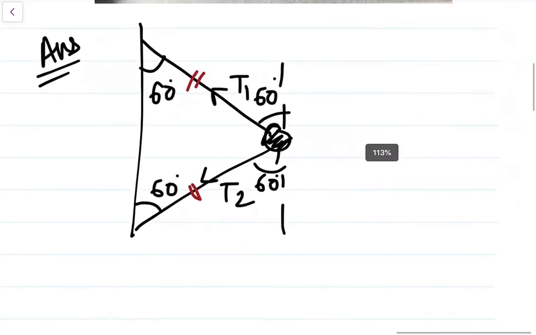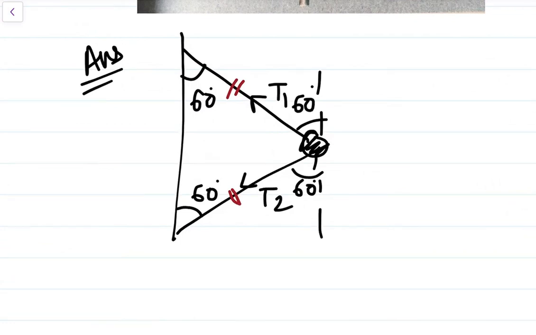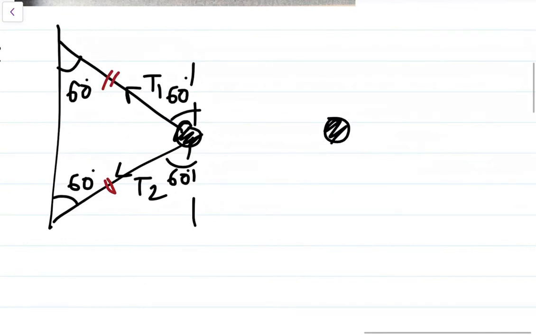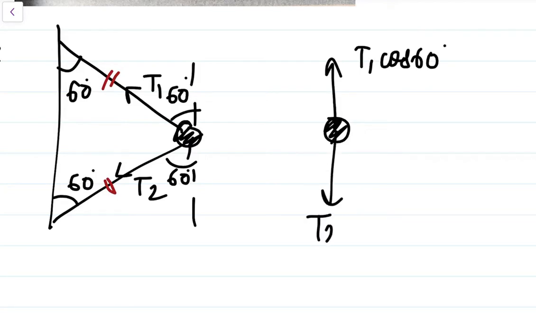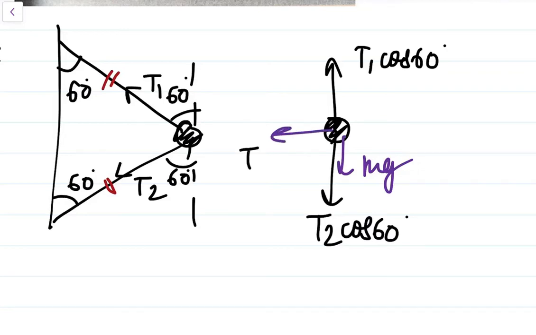Alright, now by drawing the FBD, free body diagram, what can we write? In this direction will be acting T1 cos 60, in this direction T2 cos 60, and mg will obviously come. Alright, and in this direction T1 sin 60 plus T2 sin 60.